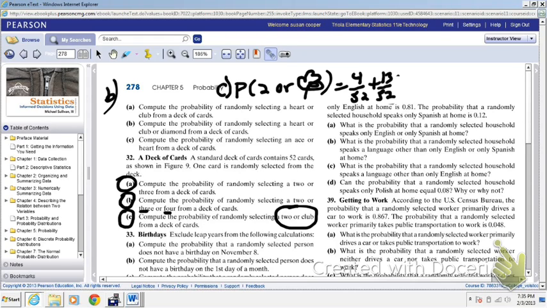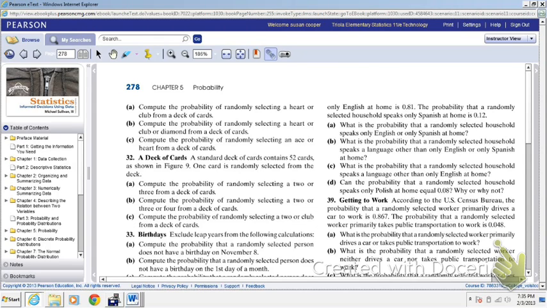So that's 1 that you got to subtract out because you counted them twice. So again, for part C, basically, you're going to take selecting a 2, that's a 4 out of 52 chance, and selecting your club, that's a 13 out of 52 chance, and then minus 1 out of 52.